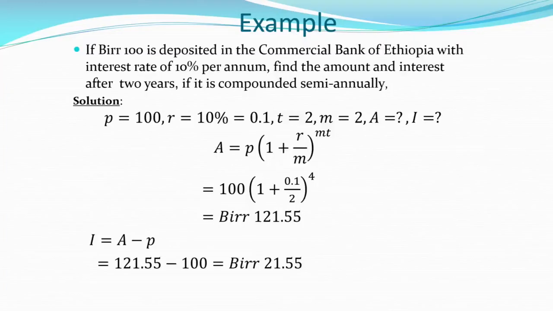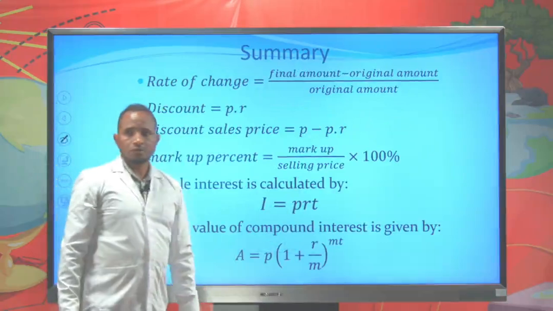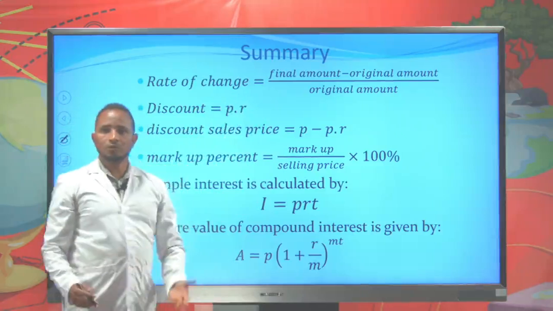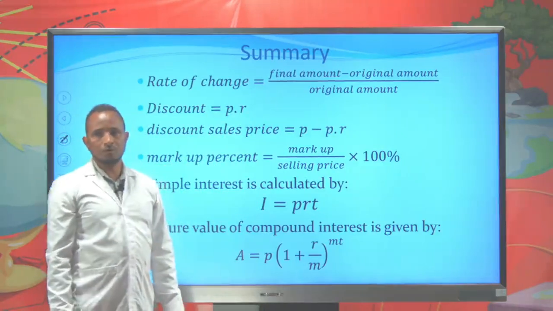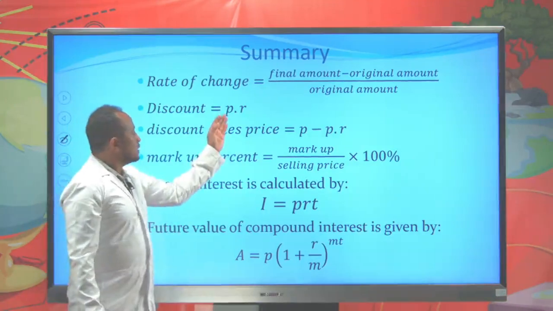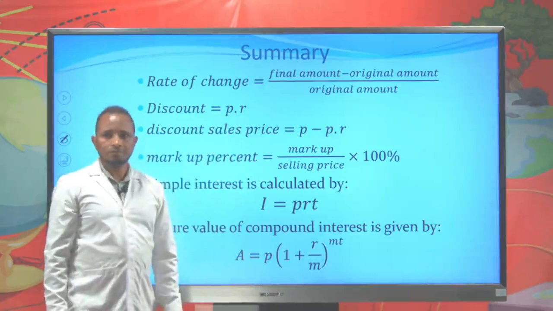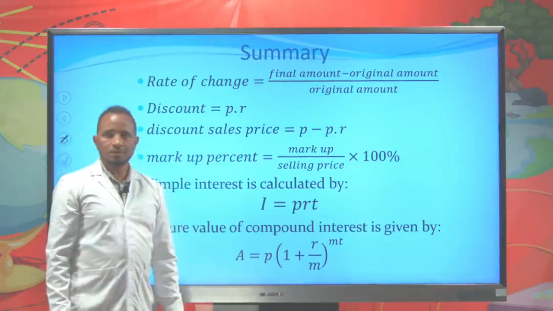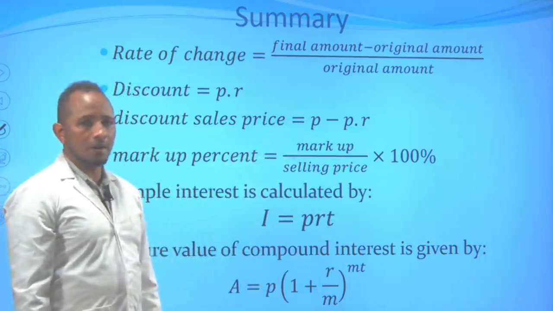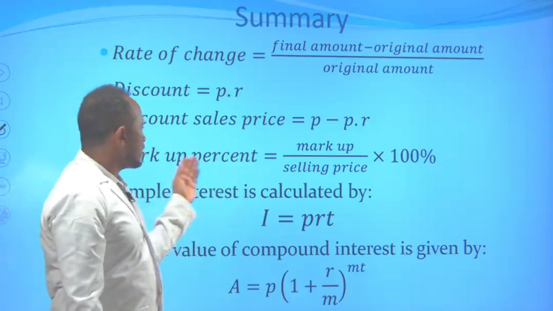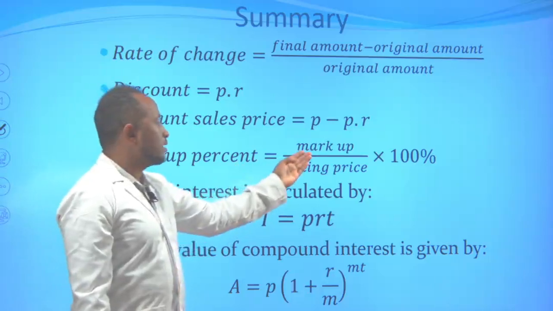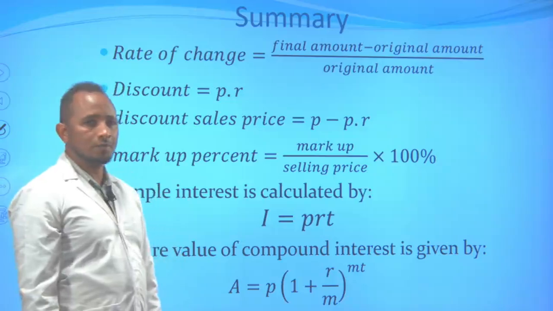This is the interest. So to summarize what we have seen today, rate of change means it is final amount minus original amount divided by original amount, and discount is given by the product of P times R, original price times discount rate, and discount sale price will be the original price minus the discount amount, that is P times R. And markup percent, to calculate markup percent based on selling price, is given by markup over selling price times 100%.